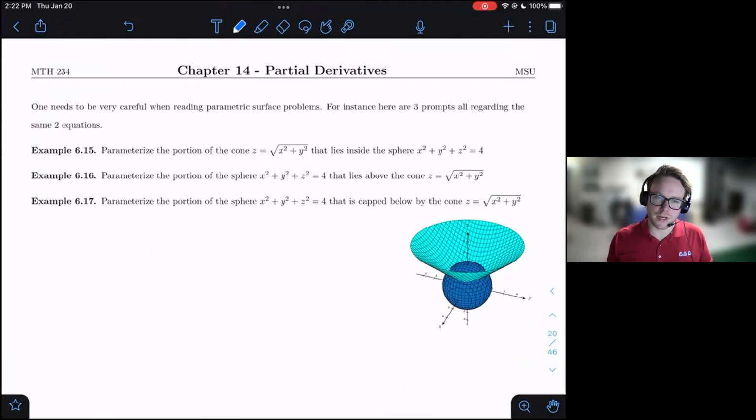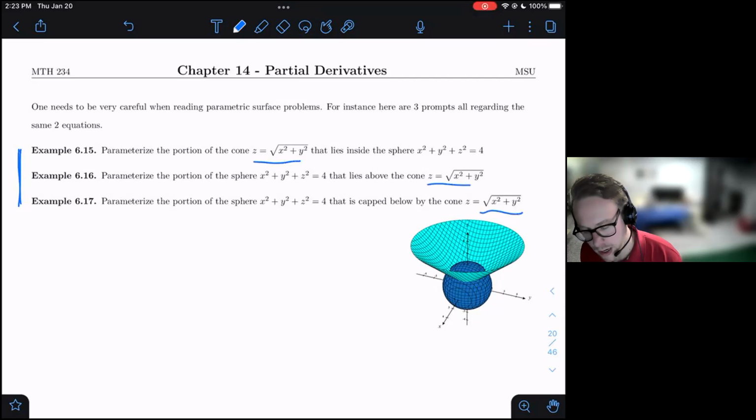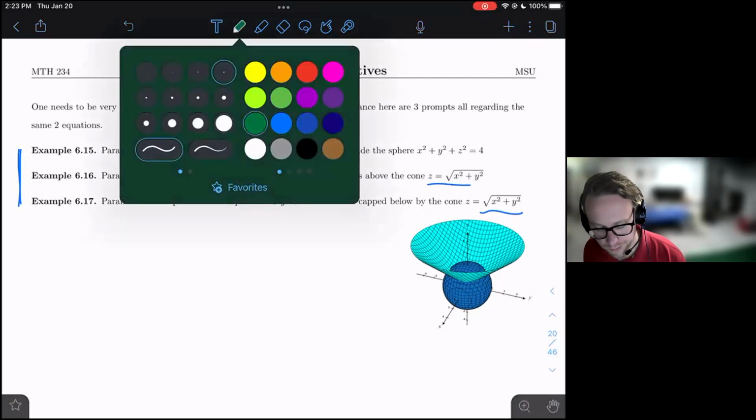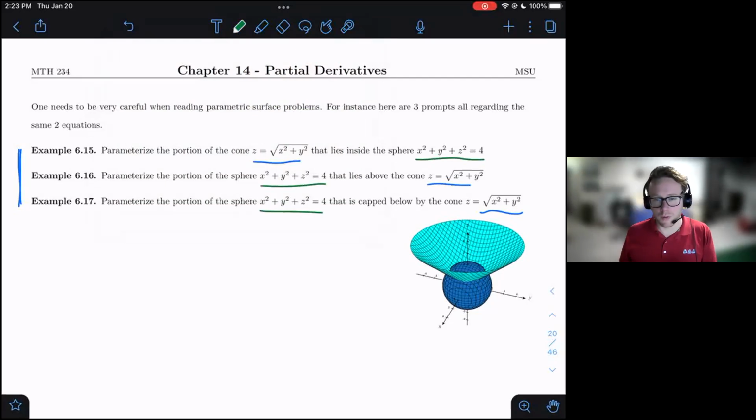I want to emphasize that if you're going too fast on these, if you're reading them too quickly, you can get these problems wrong for silly reasons, because you can have these 2 surfaces. So I have this cone, z equals root x squared plus y squared, and you can see that shows up in all of these. And I have this other surface, a sphere of radius 2, and this shows up. And yet, I have these worded in 3 different ways.